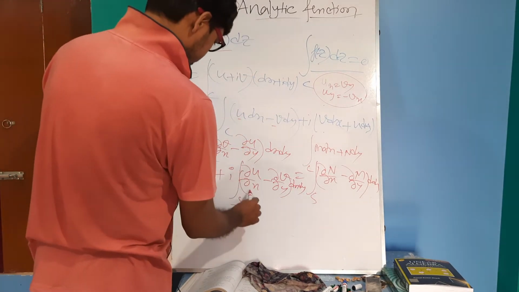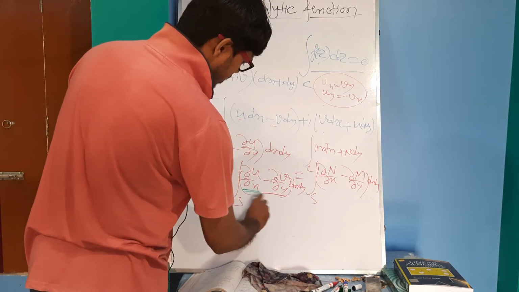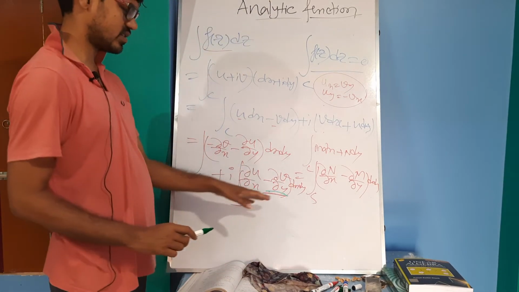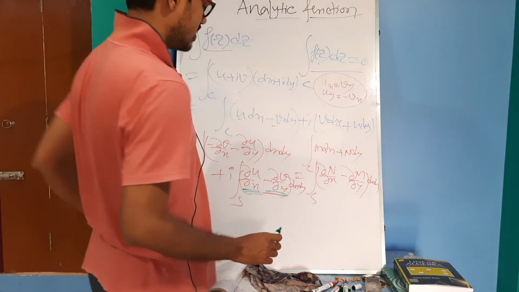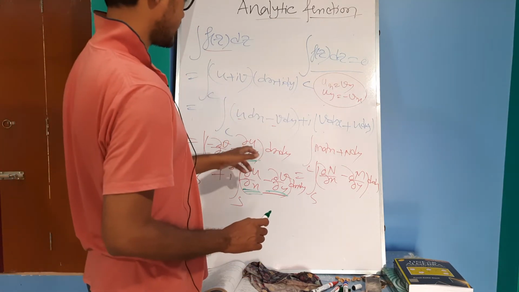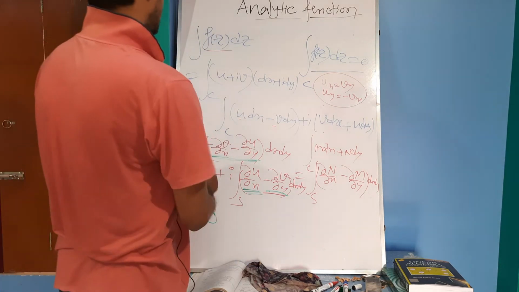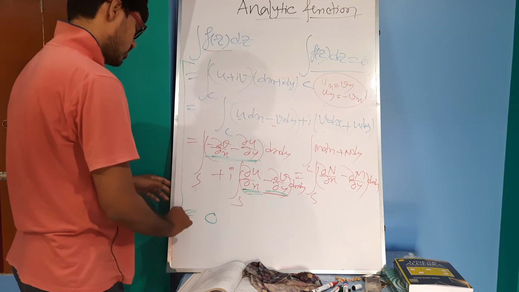And ux equal to vy, so this part will vanish, and here uy equal to minus vx, so this part will also vanish, so it will be equal to 0.